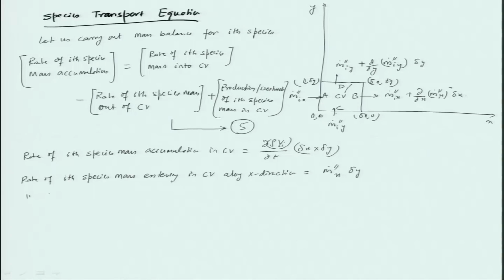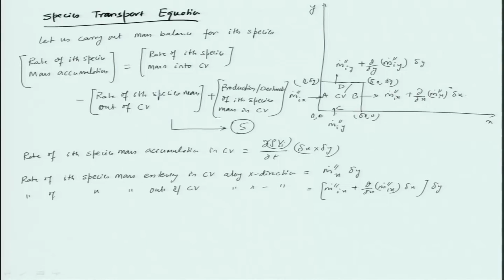And the rate of ith species mass out of the control volume along the x direction will be m dot_i,x times delta x times delta y.